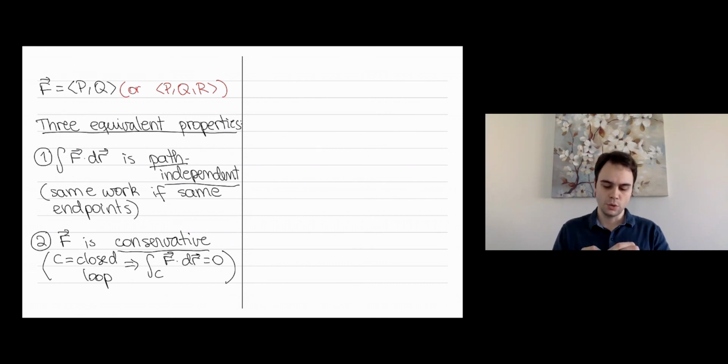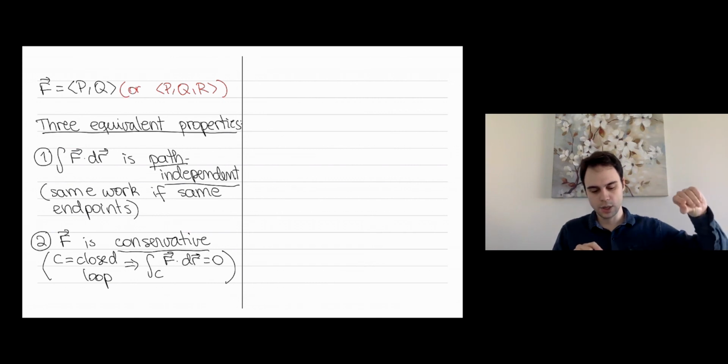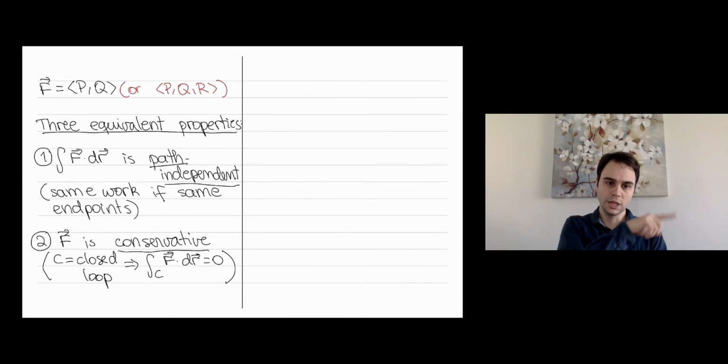If you look at this closed trajectory, which comes back to the same starting point, the work done, that is the change in the kinetic energy, the work done by gravity, is 0, because the speed didn't change, and so the kinetic energy didn't change either. So gravity is a conservative force. Gravity has the second property.